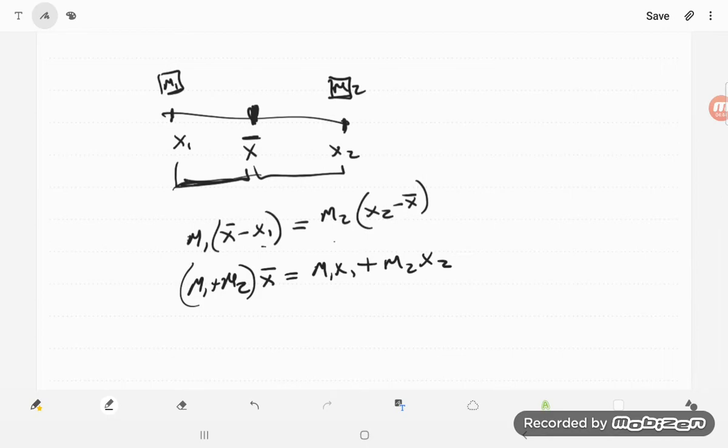Okay, and so then x bar is equal to m1 x1 plus m2 x2 divided by m1 plus m2.